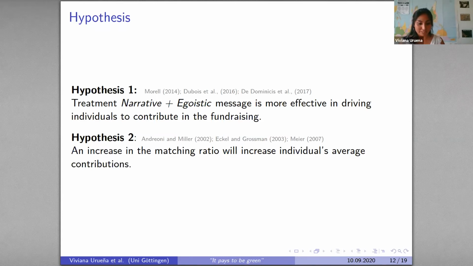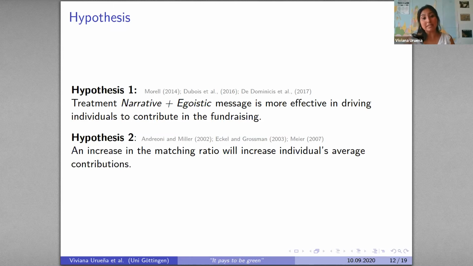However, when we decided to take a stand, we believe that the treatment with the narrative and the egoistic message will be more effective in driving individuals to contribute, because we believe that the guilt aversion channel will be stronger when we reduce the distance between the sender and the receiver. And well, the egoistic message, I told you before that there are already some studies showing the importance of making these egoistic values salient for environmental conservation. So this is our first hypothesis.